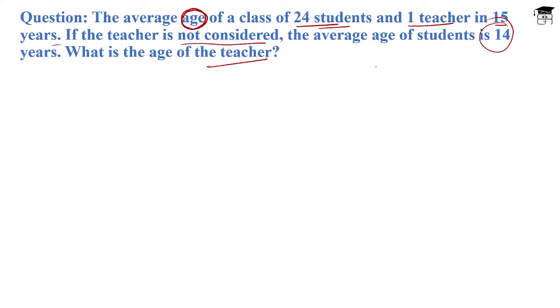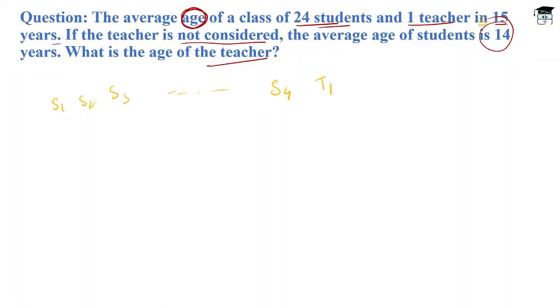Let's solve this one. Alright, so there are 24 students, S1, S2, S3 till S24, and one teacher, Teacher 1. First we talk about the average age of a class of 24 students and one teacher is 15 years.